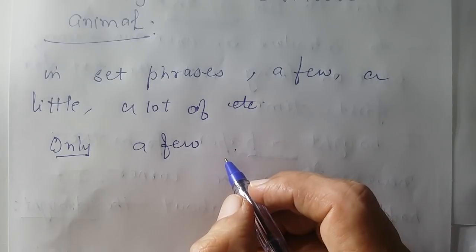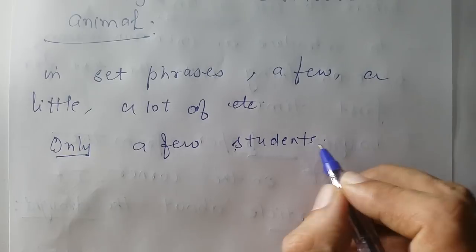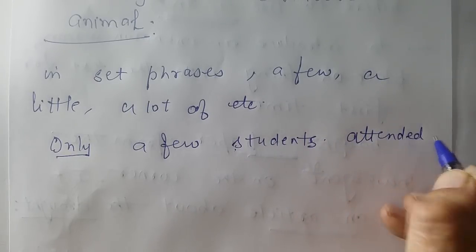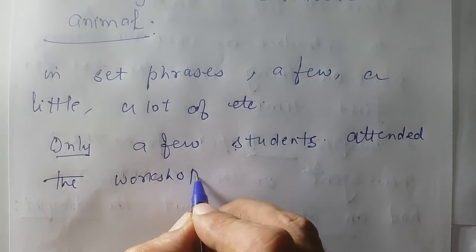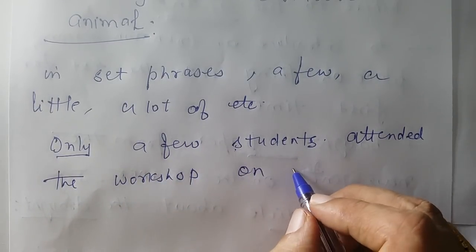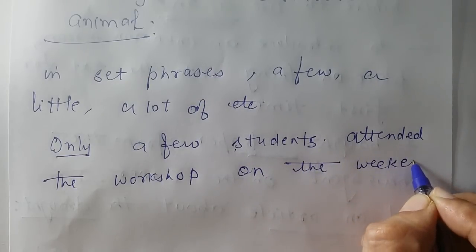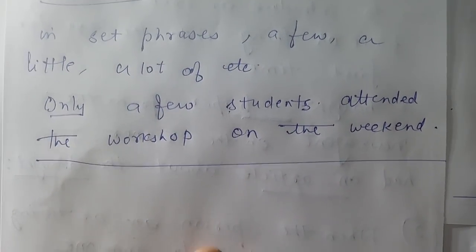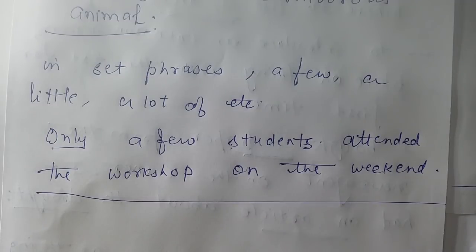Few students. Only a few. So can I go with S here? Students attended the workshop on weight. So this is the point here. So these are the rules of a or an, I want to say.